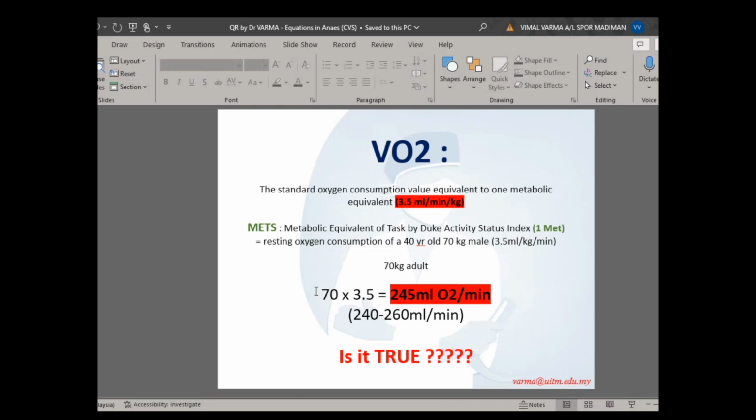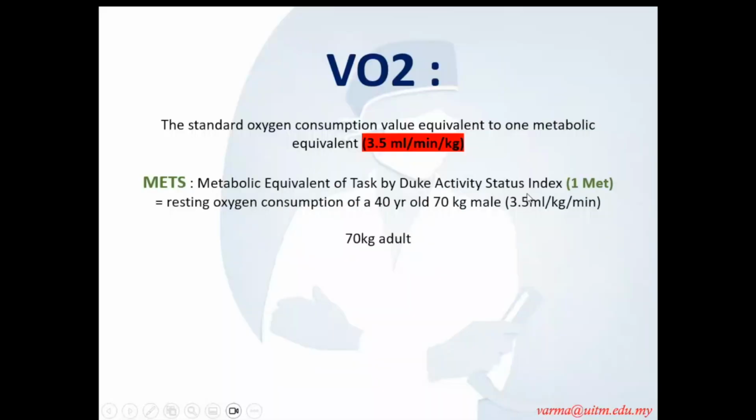So why is the normal value 250 only? METs is metabolic equivalent of task, by activity status index. Okay. So how healthy you are is meant by how good you are at increasing your oxygen consumption and still staying healthy, without being exhausted.